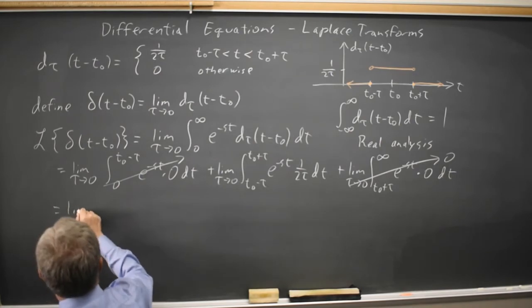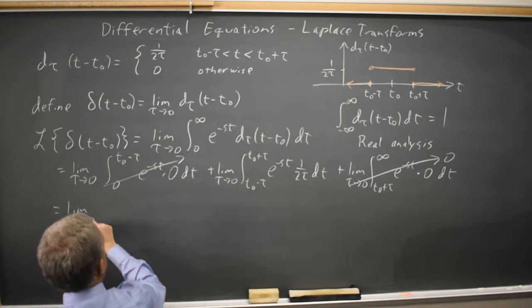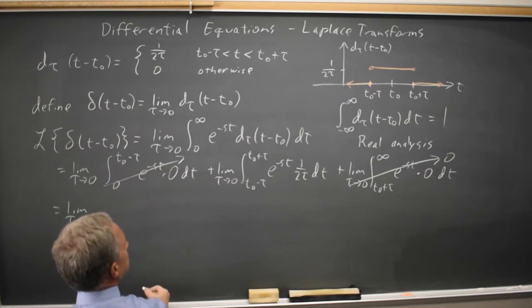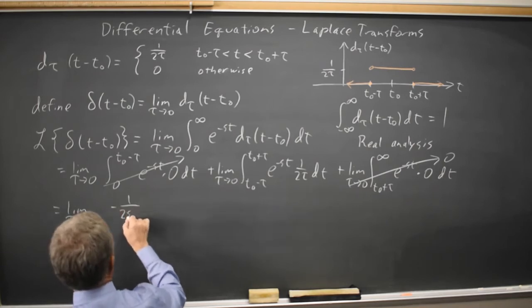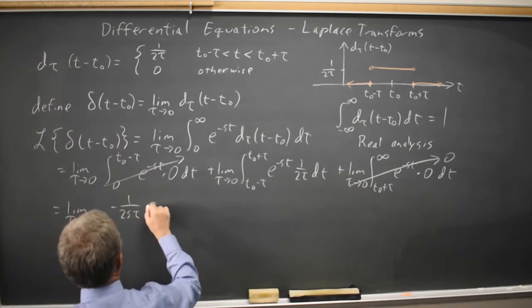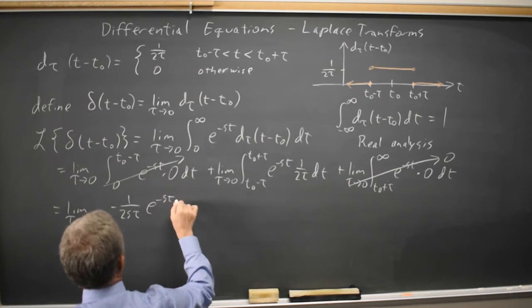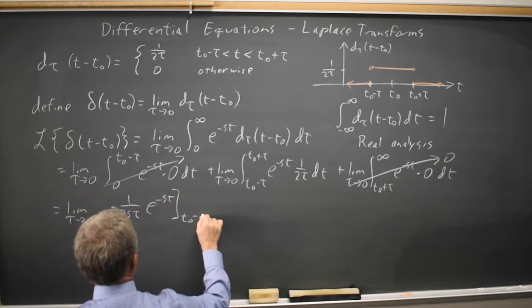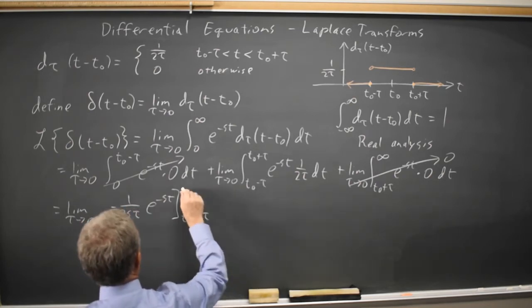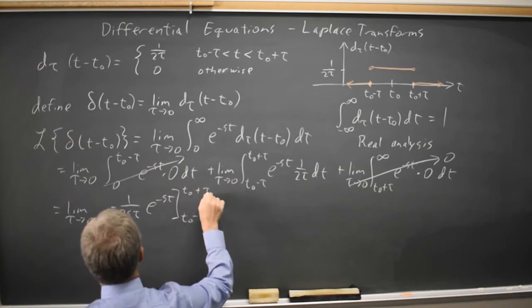the limit as tau goes to 0. The integral of e to the negative st is negative 1 over s, so I get negative 1 over 2s tau e to the negative st from t0 minus tau to t0 plus tau.